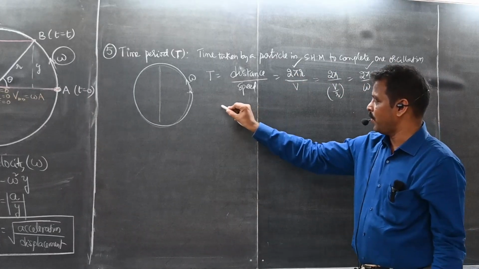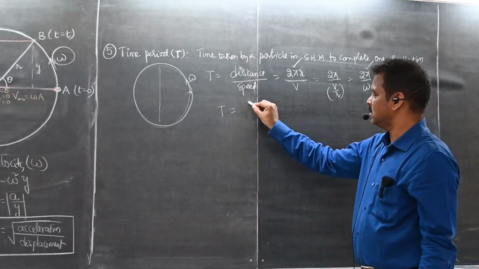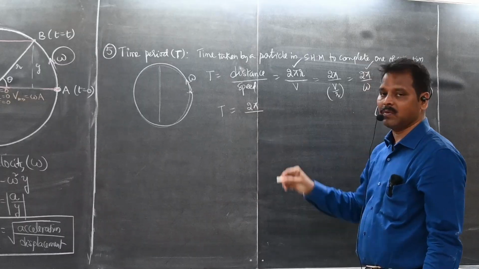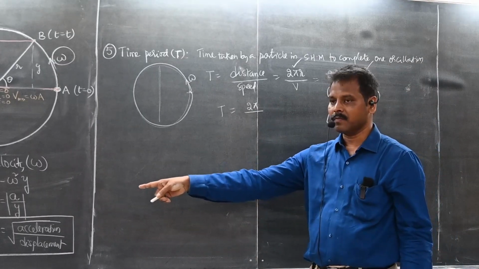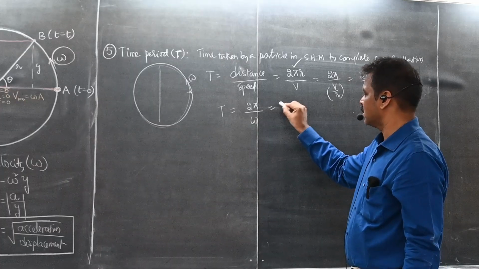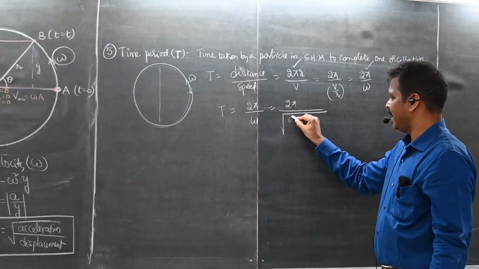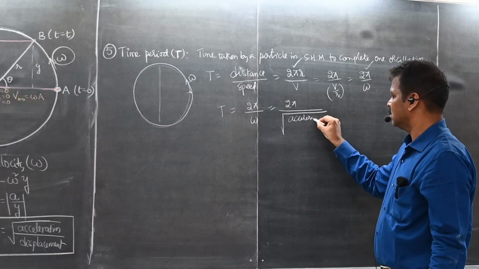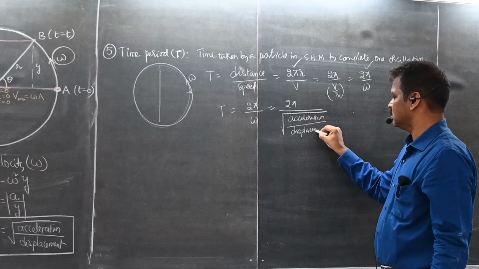So now, how to find the time period of a simple harmonic oscillator? The total angle described is 2 pi radians. What is omega? There I found omega: the root of acceleration divided by displacement.